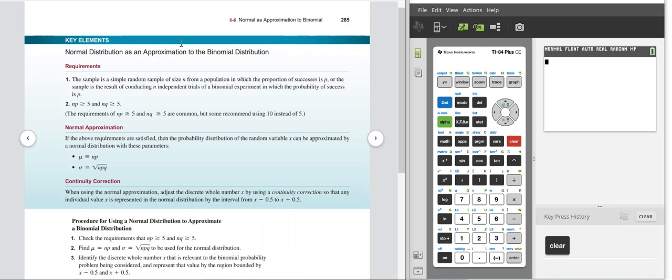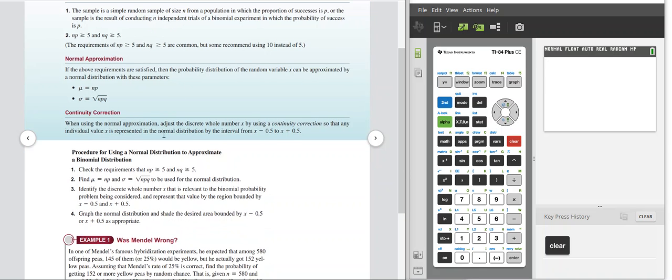Remember that the requirements are n times P greater than or equal to 5, and n times Q greater than or equal to 5. So that's what I was just referring to: if we're not too far away from 50-50, if we're not like 0.99, 0.01 on P and Q, which would give a fairly skewed distribution, we can use other distributions when that occurs. But normal is a good approximator.